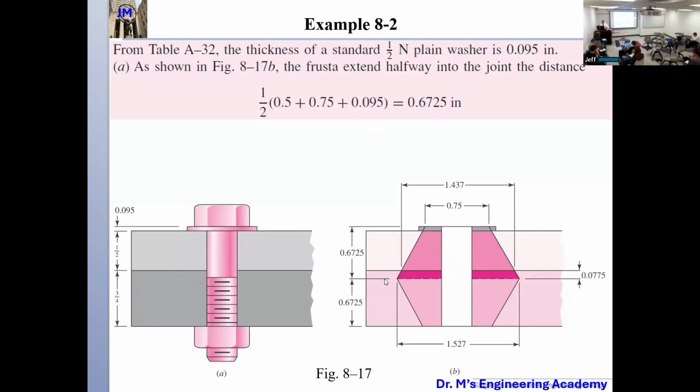After we get this midpoint, we will know. Another exception is that if the midpoint is exactly the same as the interface, we will be lucky. That means we only have the two plates, and we still have two cones or two frustums.